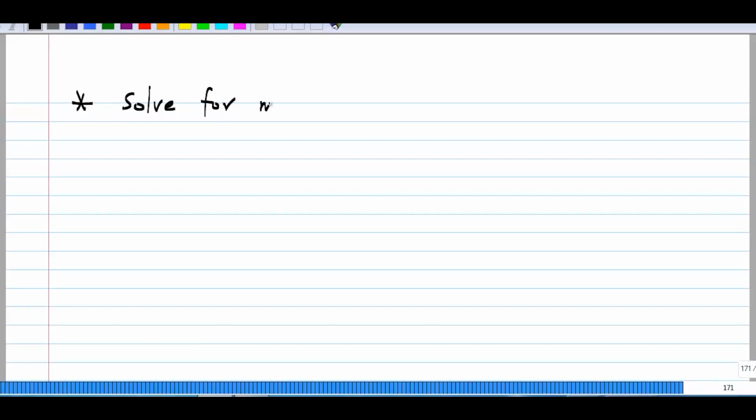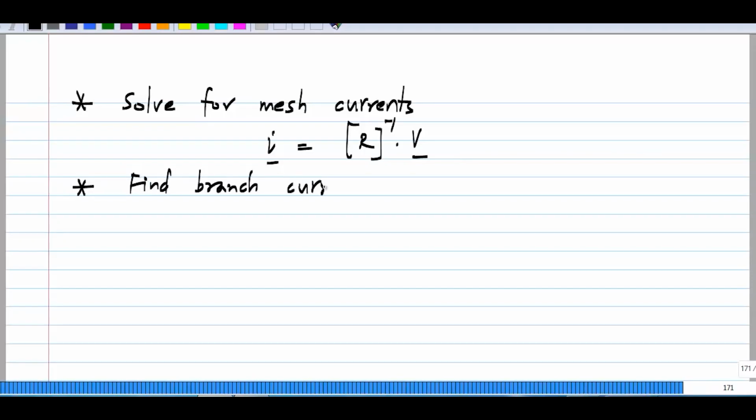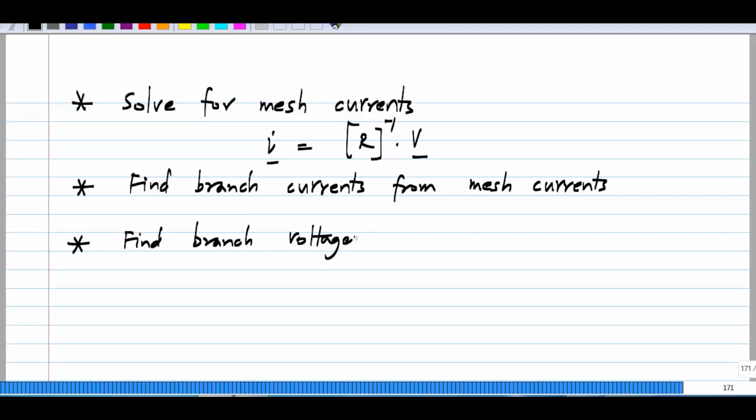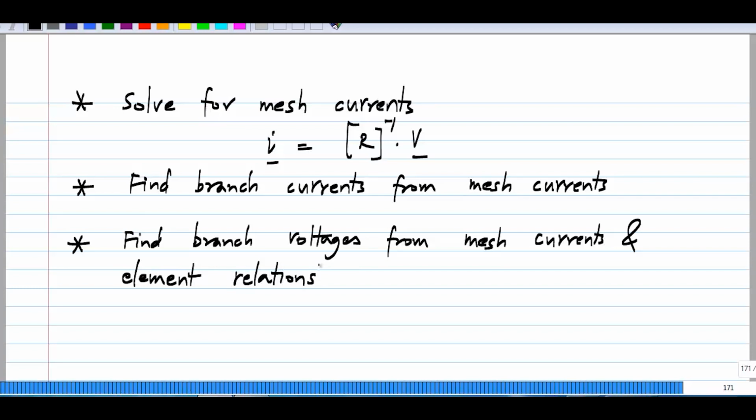So you first solve for mesh currents. The mesh current vector equals the inverse of the resistance matrix times the vector of sources, and you find all the branch currents from the mesh currents, and finally find all the branch voltages from mesh currents and element relationships.